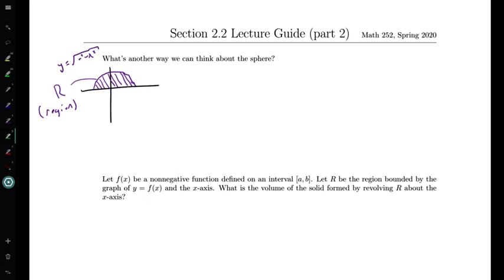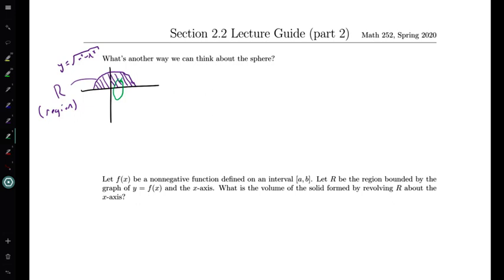We want to bring every point in that purple shaded region in a full revolution around the x-axis. So you can think about pulling it out of the page towards you, keeping that x-axis fixed and just rotating it all the way around.